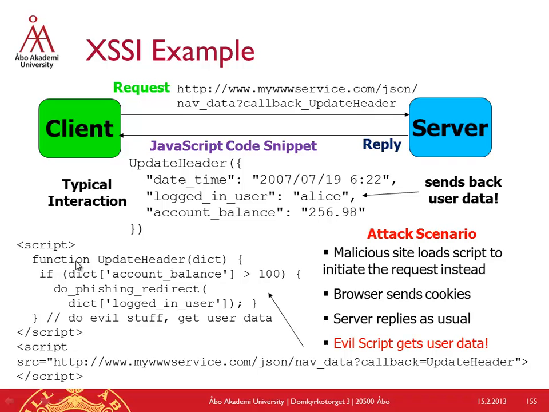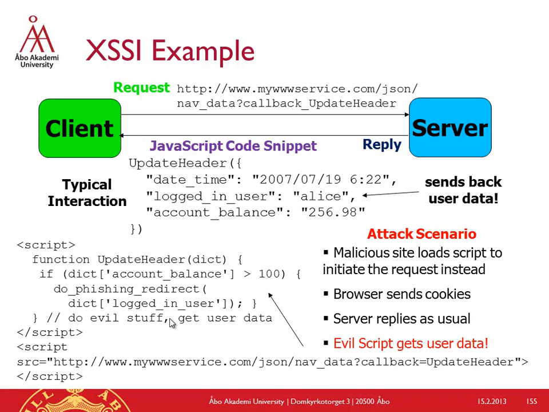On the client side, in a good website, an update header function of JavaScript will be invoked automatically. Then the reply to this request will come to the client, and it has to do some good things.